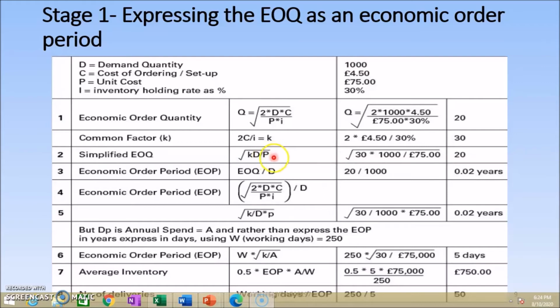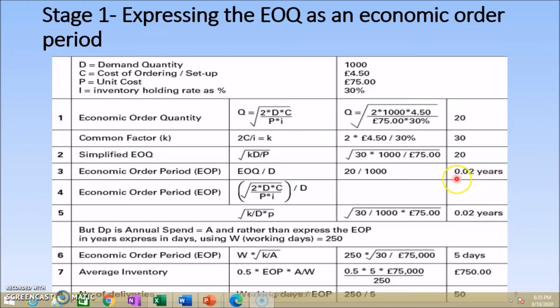The next step is to convert EOQ to EOP, by dividing EOQ by demand quantity, which gives 0.02 years.